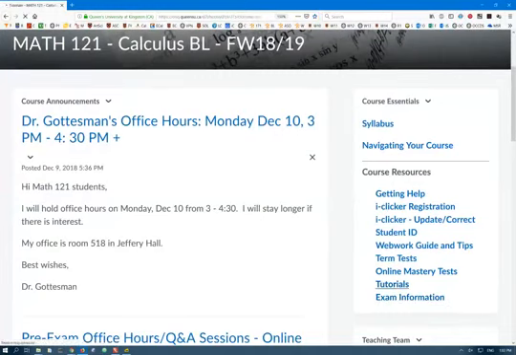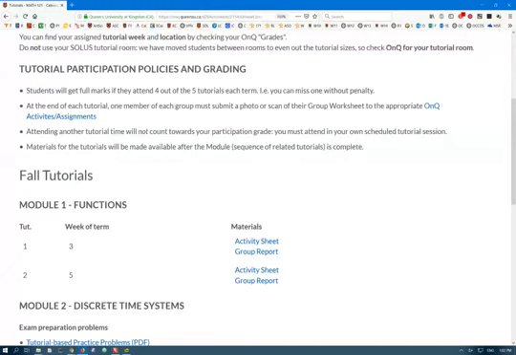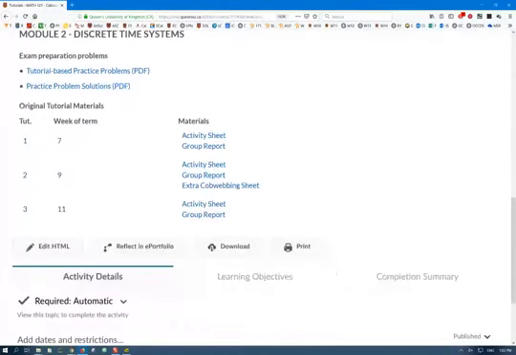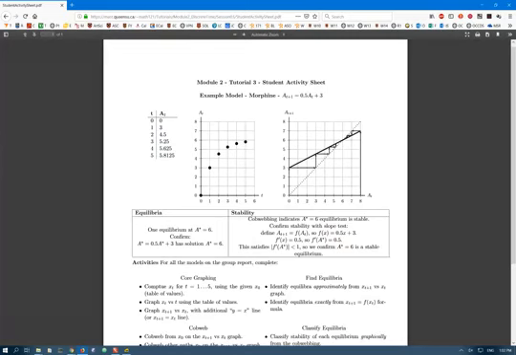Tutorials. Okay. So for this section, the last class that we had, the last activity sheet that we used, looked like this. And where are we here?